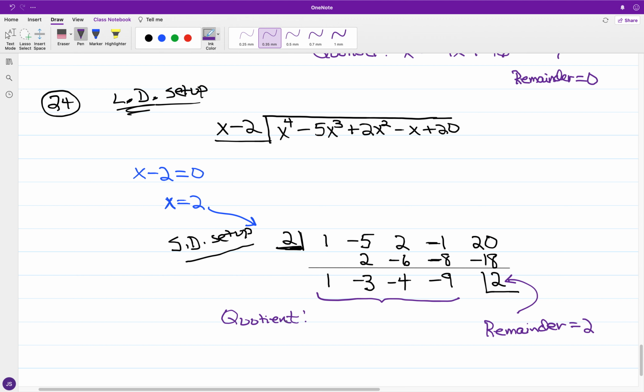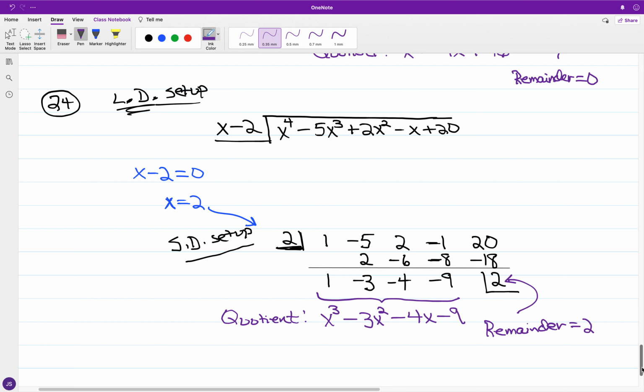Now for the quotient, again, the quotient will be 1 degree less than the dividend. We started out with x to the 4th, so this one signifies 1x cubed, then minus 3x squared, then minus 4x, and then minus 9. And again, the remainder is 2.